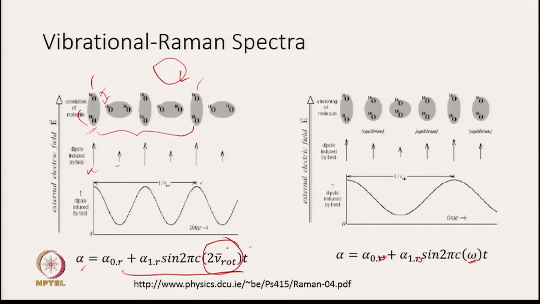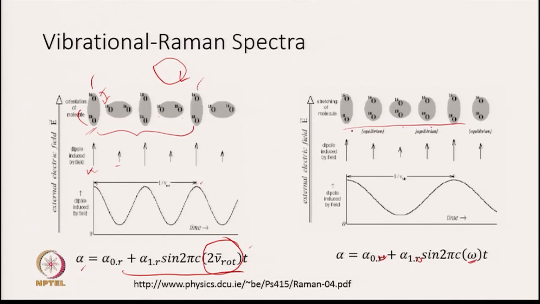into nu bar rotation. Whereas during the vibration, now look at vibration, what is happening, 16O, 18O. So, this is one complete vibration. This is your equilibrium position, this is your extension, equilibrium position, compression, and then your equilibrium position, and then extension or stretching.